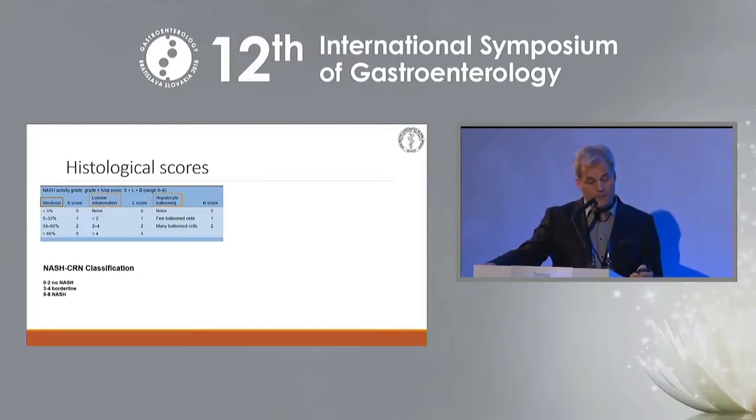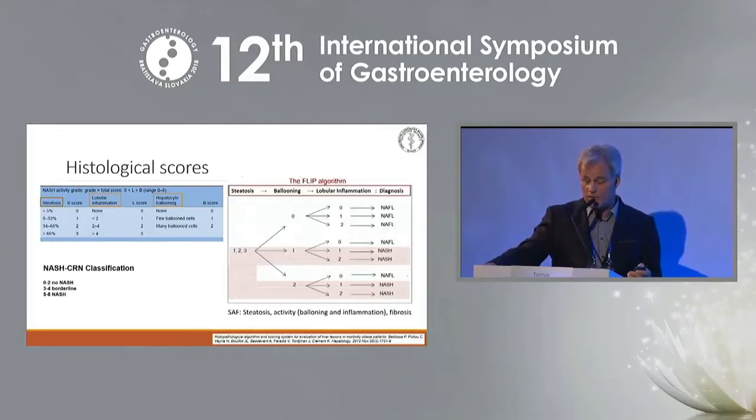There is some borderline. And if the patient has 0 to 2 points, we can consider that there is no NASH. There is another algorithm that has been developed by the FLIP consortium that also uses the same markers, the steatosis, ballooning, and lobular inflammation. And I think it's the ballooning that decides whether it is NASH or pure steatosis.